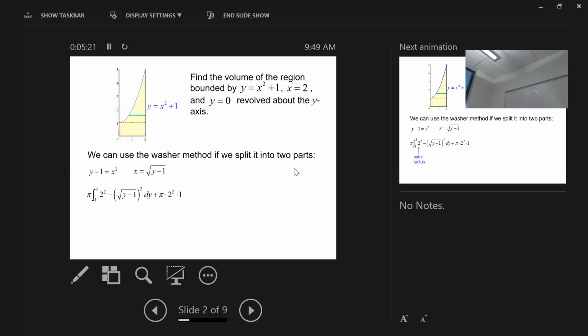Then what? Well, this is a washer, and that's a disc, because there's no hole in the bottom from 0 to 1. But what did they do from 0 to 1? They used geometry to get the volume of that disc. They didn't anti-differentiate. You get the same answer. So they said plus pi times 2 squared on what?